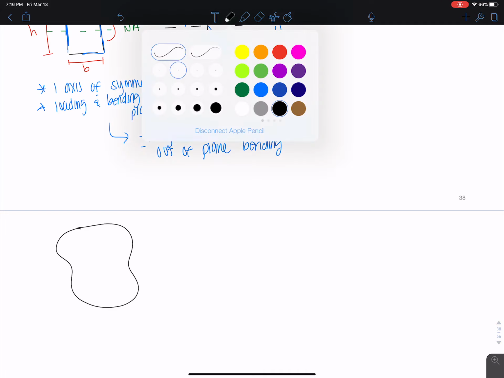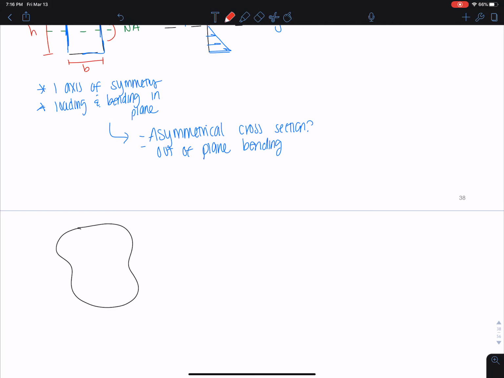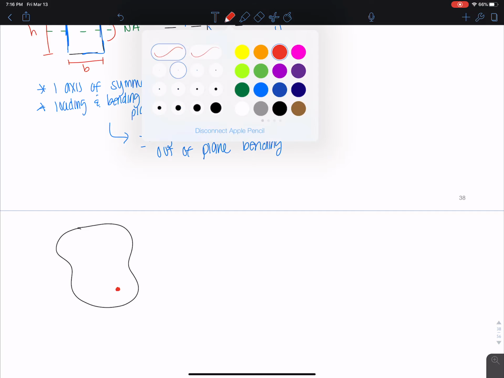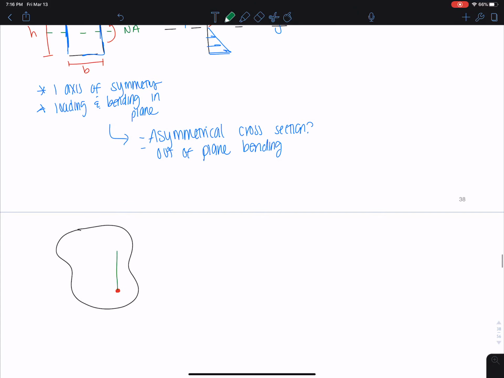Okay, and I'm going to say that this has some geometric center here, and that this is my y-axis, and that this is my z-axis, and that my moment here, this is my moment, right, applied about my z-axis. Remember, this is moment. I just can't draw it really, this is 2D, so that's why I'm using the arrows here, okay? So moment is applied about the z-axis.